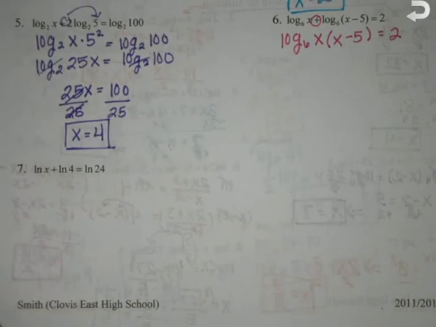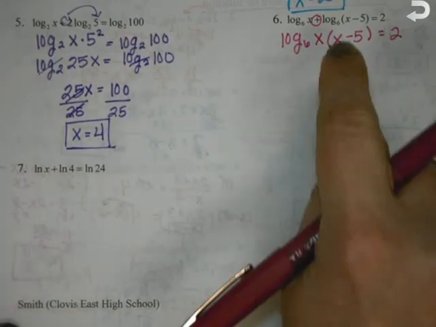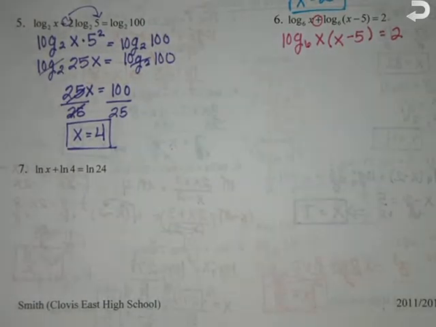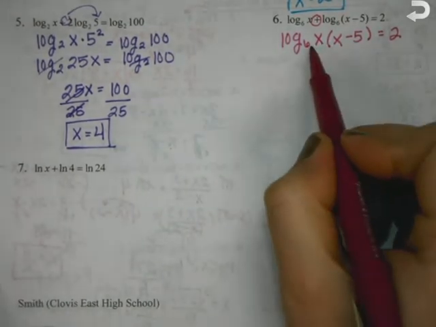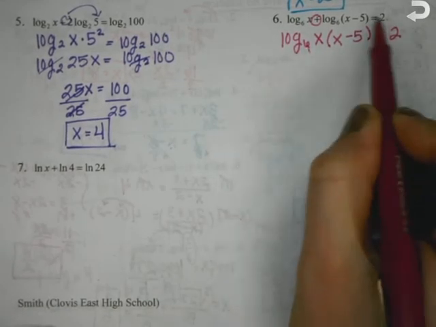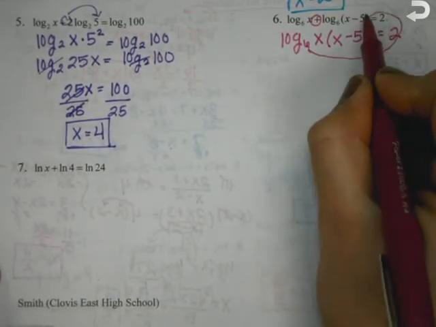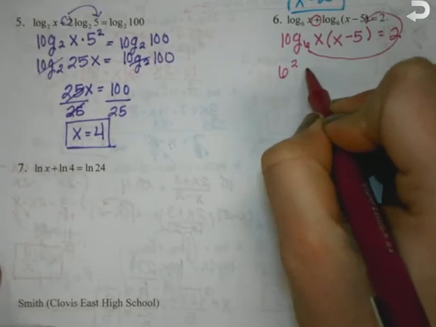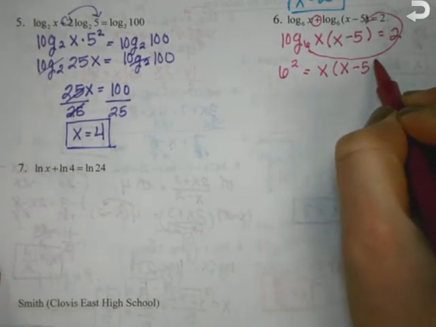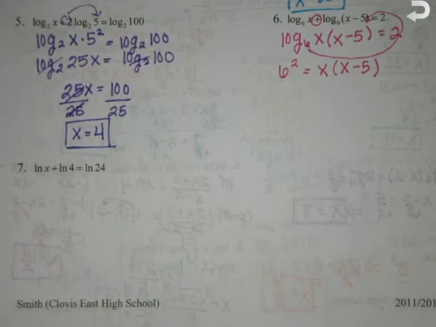I'm not going to distribute it. I'm going to leave it because we will end up distributing it. But let's just go straight into rewriting it first. So this is the same as 6 to the second equals x times x minus 5.